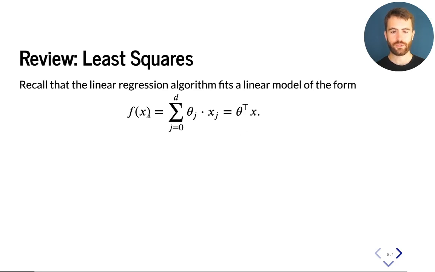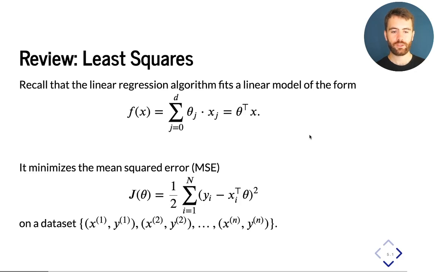Here again, x is our input, theta is our set of parameters, and our model class is the set of linear models of this form, where we are simply taking a weighted summation of all the attributes, or input features, xj.